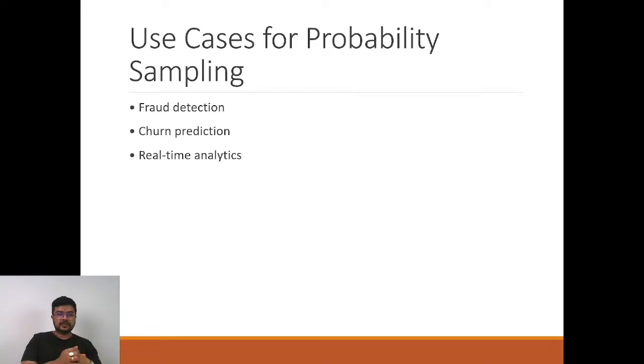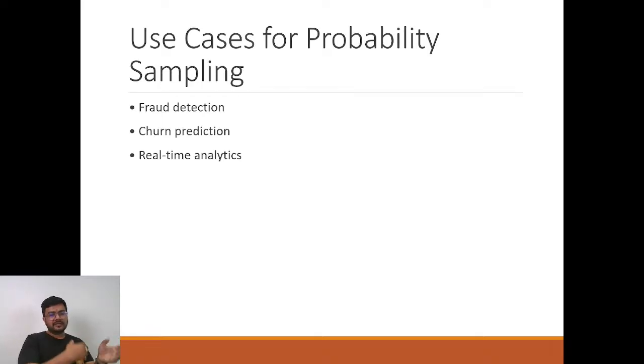Right? Again, the third use case of probability sampling is real-time analytics. If I want to do real-time analytics, probability sampling is good because real-time data is huge in number. Just like I told you before about the manufacturing data, the manufacturing data is real-time analysis, right?